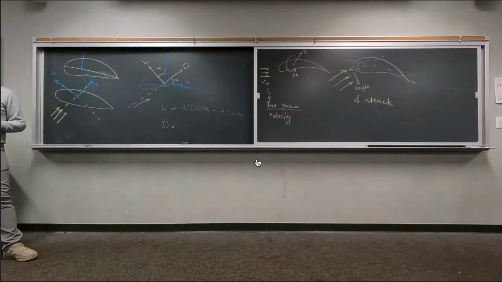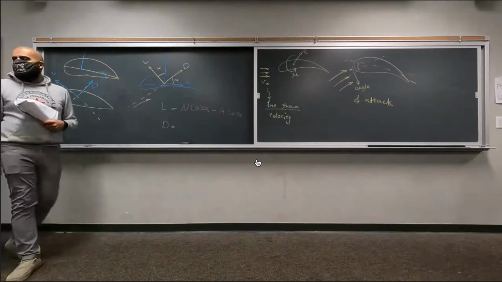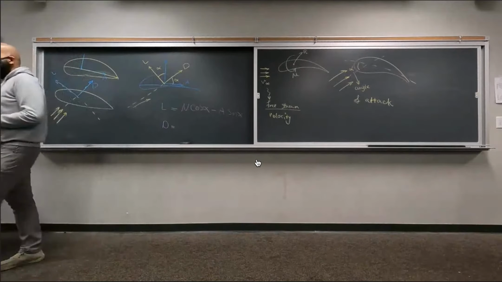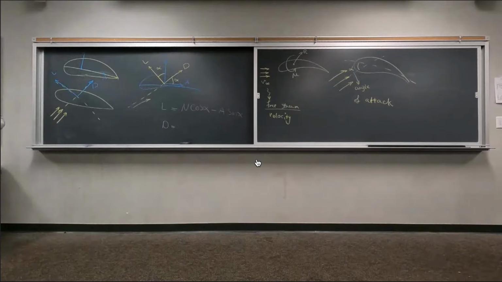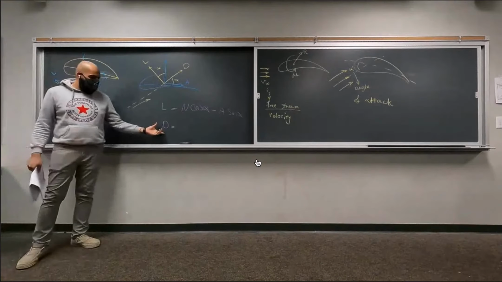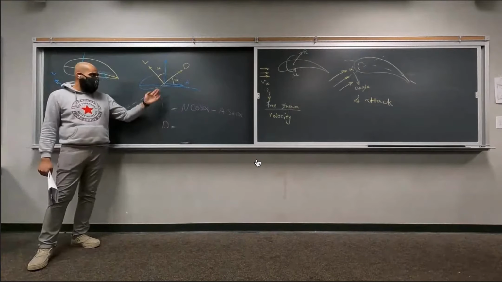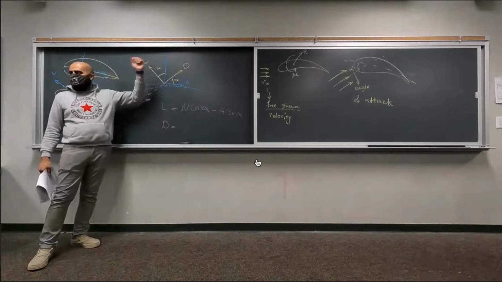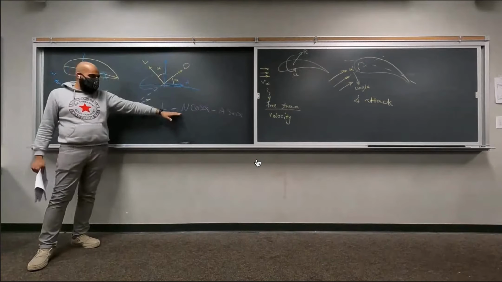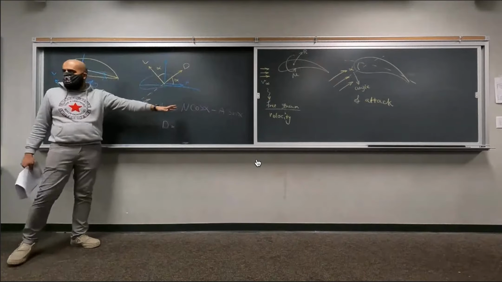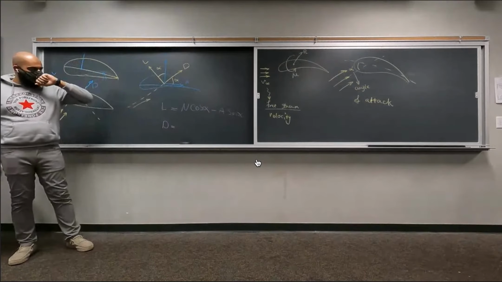So I'm going to start from somewhere. Who's the unlucky person? Let's start from you. So what do you think? What do we need here? We want to find the relationship between drag and axial and normal force, right? And based on this, we know that it is a cosine-sine relationship. Okay?